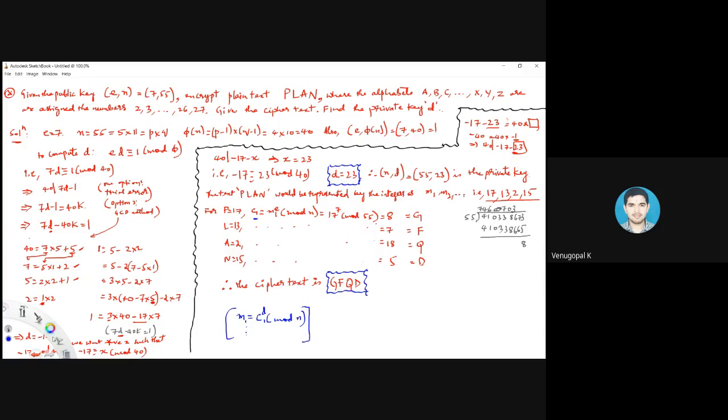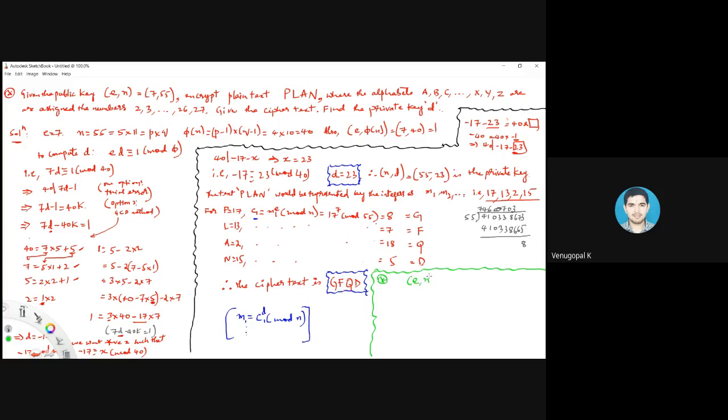Okay. Another question I'll just give. You can try it in a very similar way. Just write it here. So the question wordings are same. The difference being that whatever the difference is, I'll just mention here.